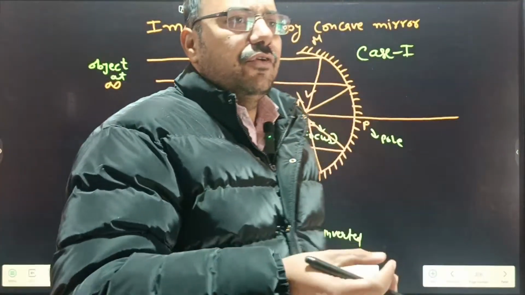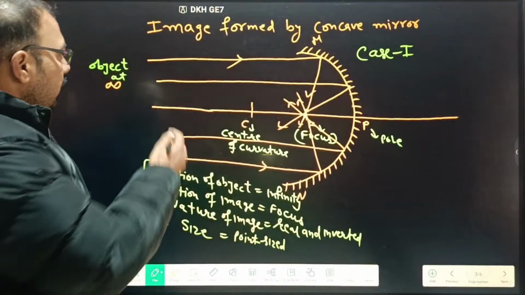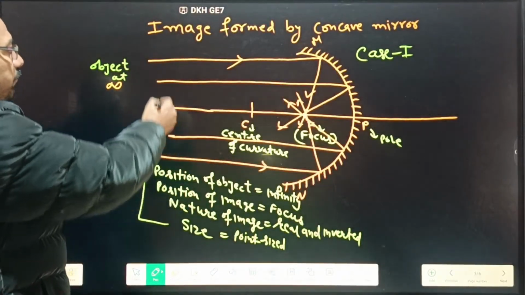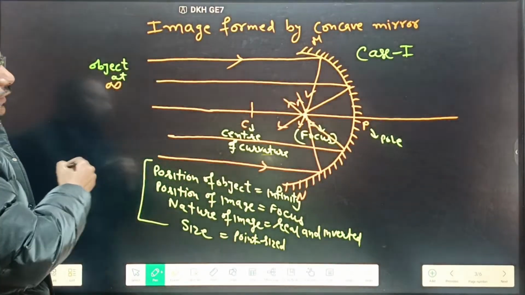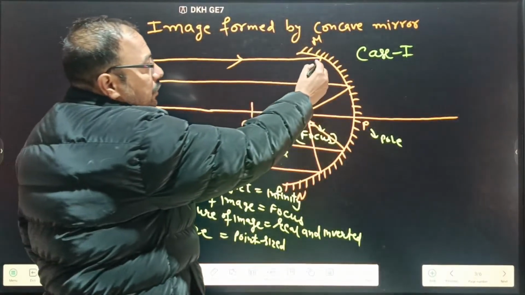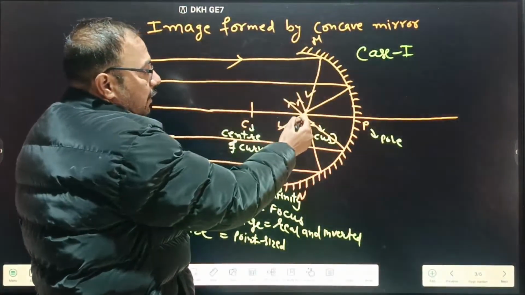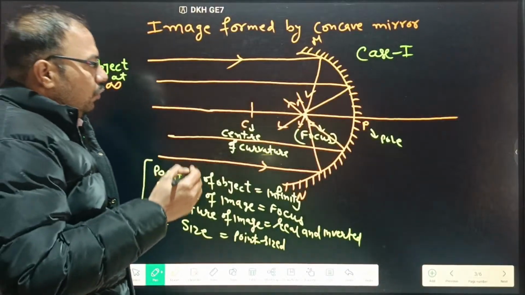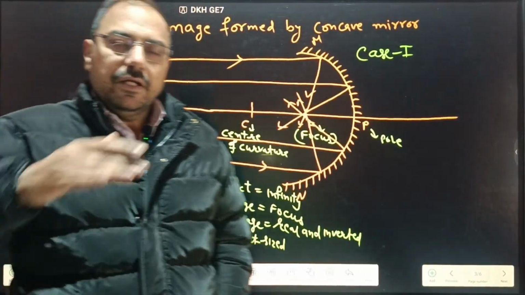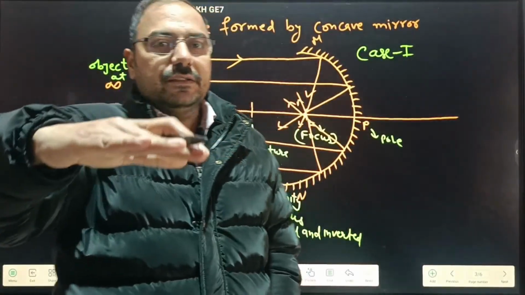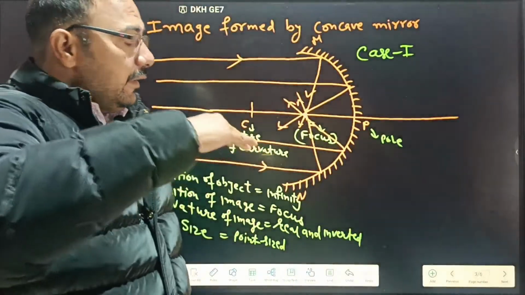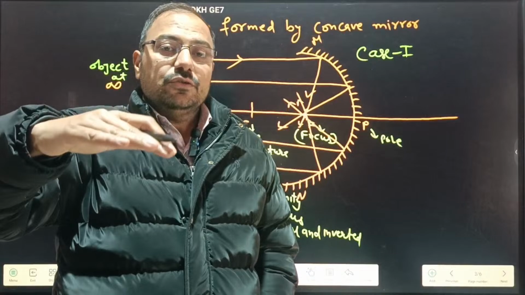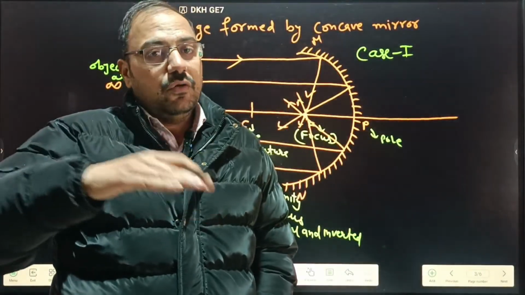In the first case, we take the position of the object at infinity, a very far distance. The rays come from infinity, and after striking they cut at a point known as the focal point. We already know that when rays come parallel to the principal axis, all rays pass through the focus.